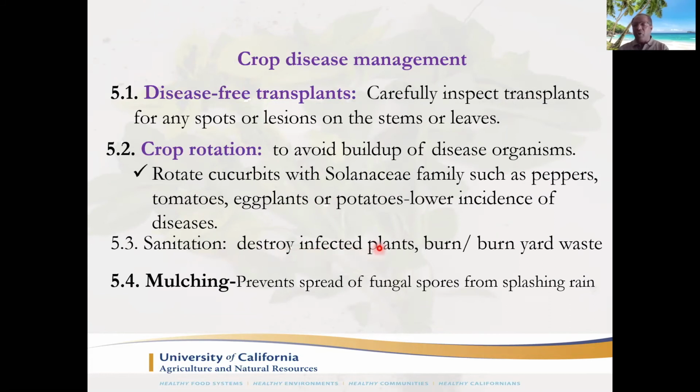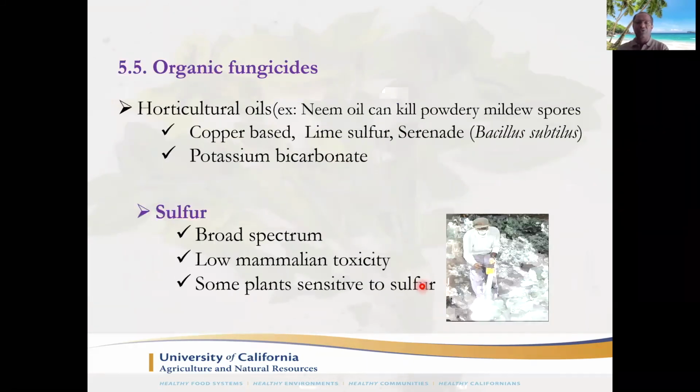Sanitation: destroy infected plants, burn them, or bury them in the soil. Mulching is also a good one for this. If there are fungal spores and you are splashing water, they can be dispersed into your vegetable garden. If you are using mulching, those cannot be splashed onto you.